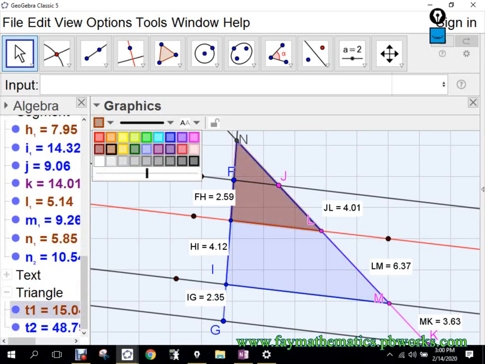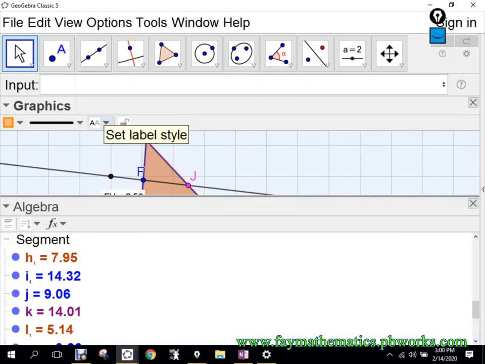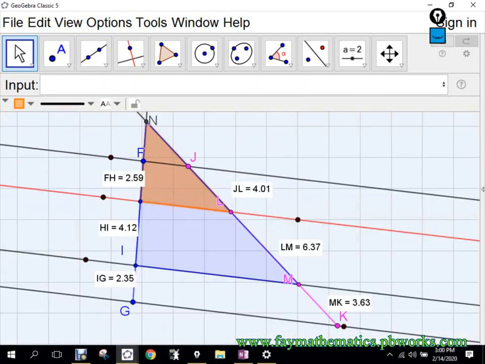So you guys see the blue triangle overall there, up to point N, down to I and M. You've got that darker triangle. You even have that triangle there, right? Does that make sense?